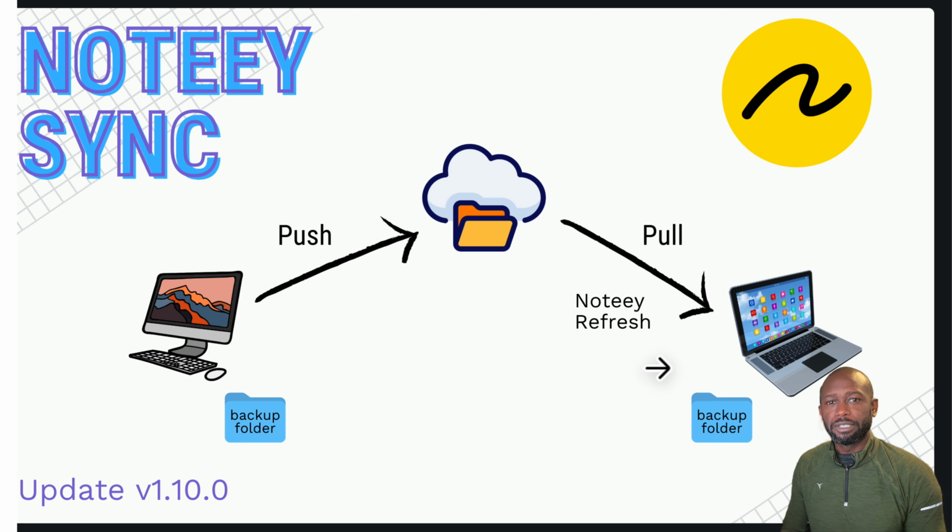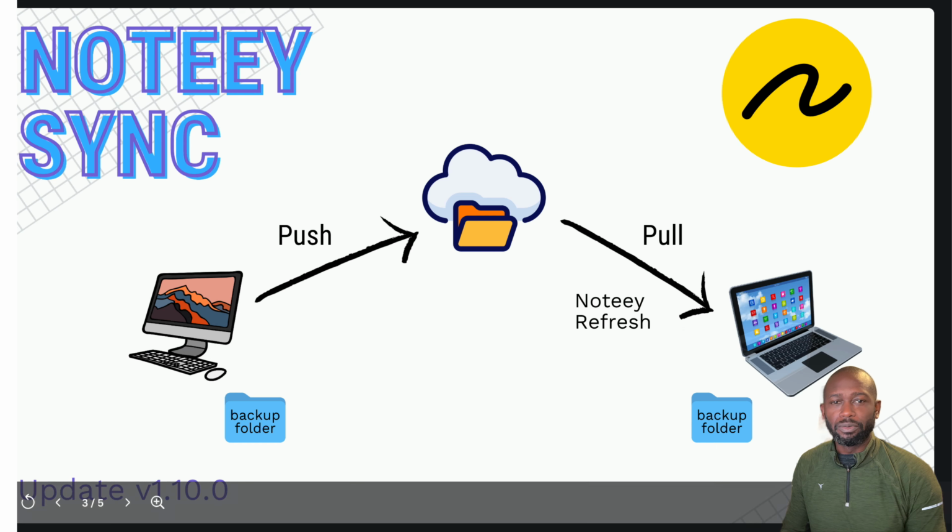Now, the thing to understand here is that this system now becomes the more updated one, and when you do updates on this system, what you will need to think about is the reverse operation. Everything here in the cloud is still based off of this system, from a Noteey sync perspective. But once you start making changes over here, you will need to do the reverse.